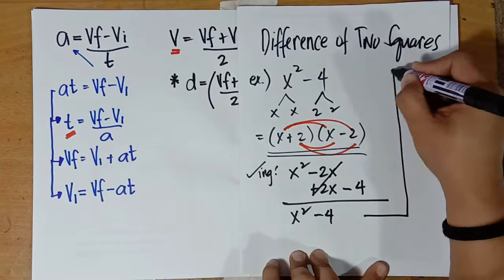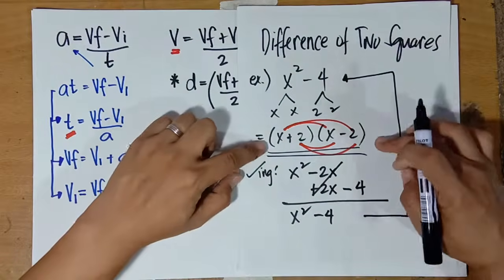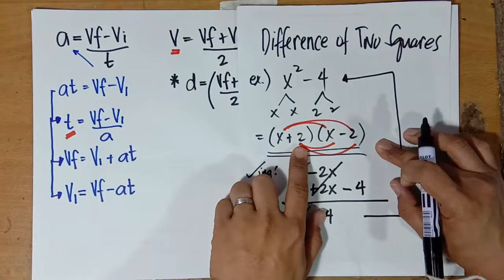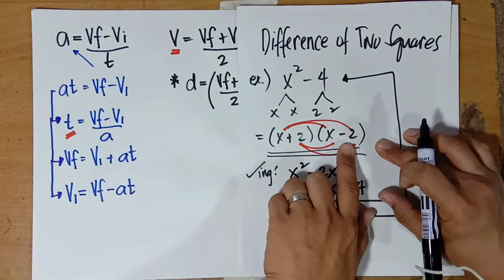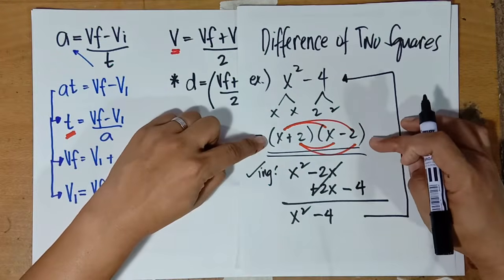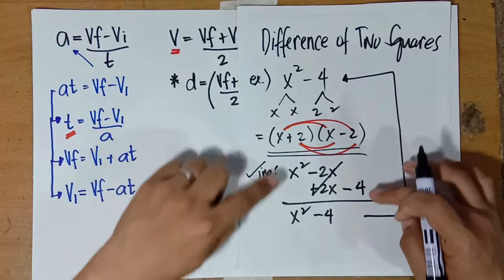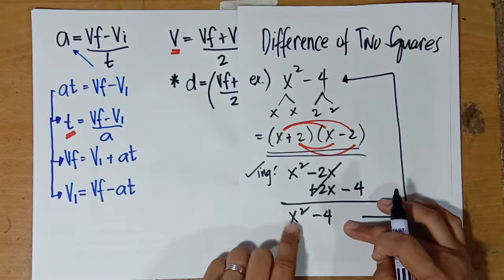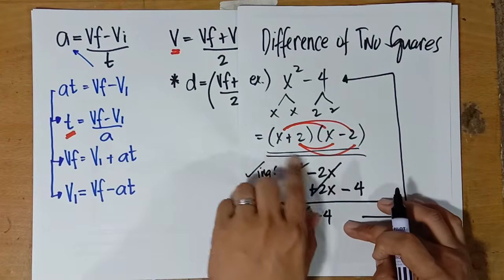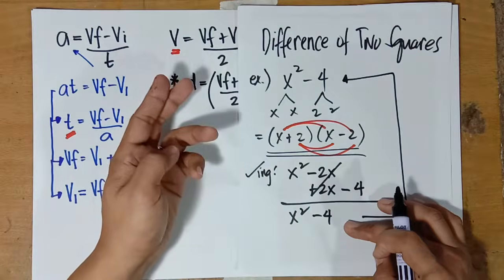There you go. So I want you to pay attention to this. x plus 2, x minus 2, if we are going to perform multiplication, this will give us x squared minus 4. So the shortcut is this.